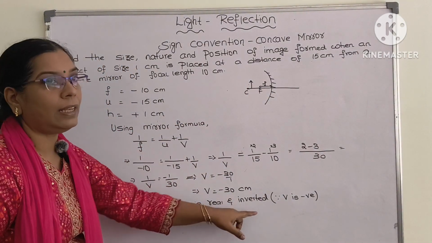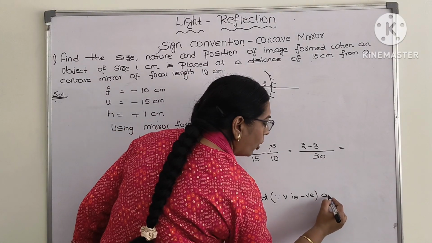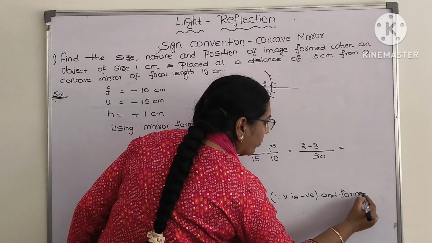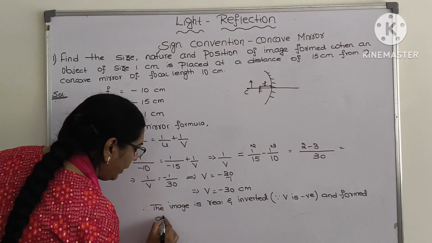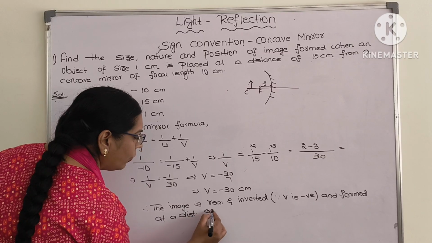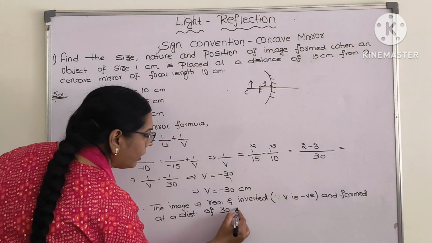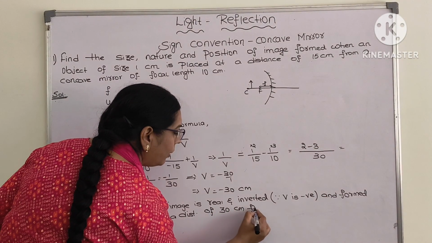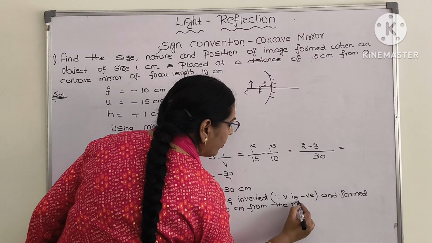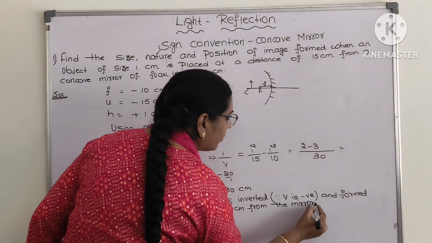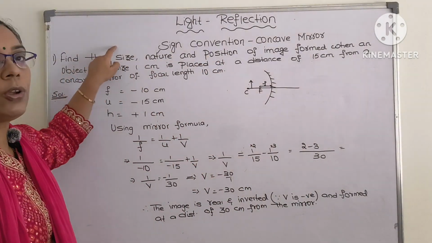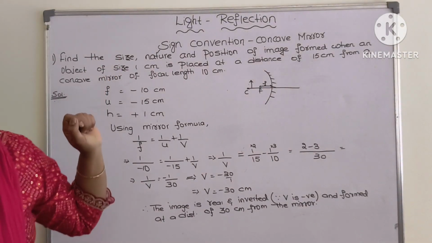So, the image is real and inverted and formed at a distance of 30 centimeter from the mirror. So you commented on the nature, you commented on the position. Now you have to talk about the size of the image.